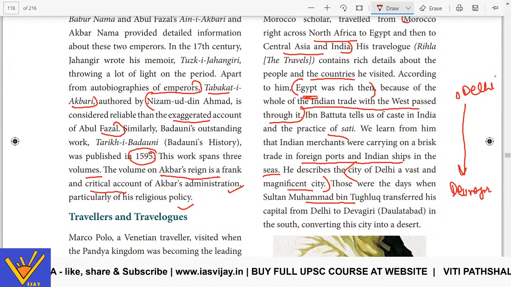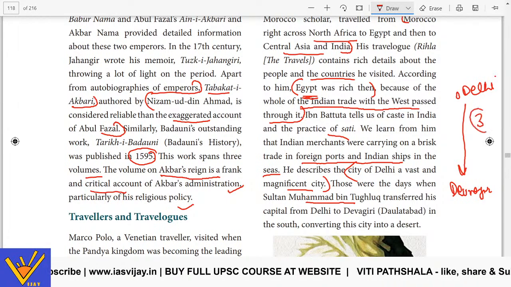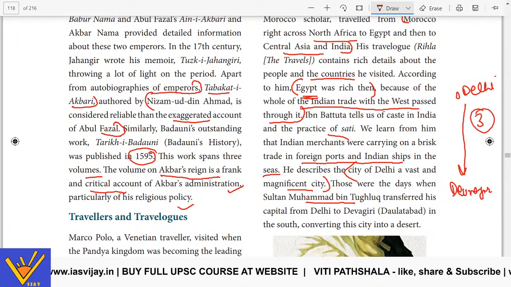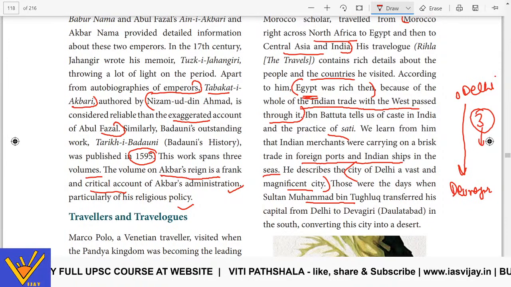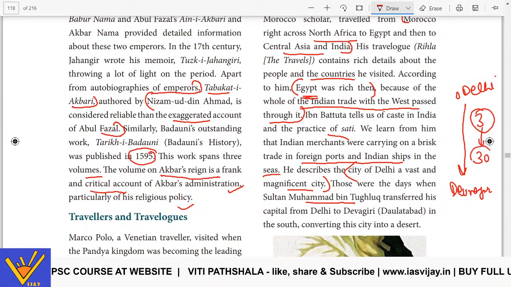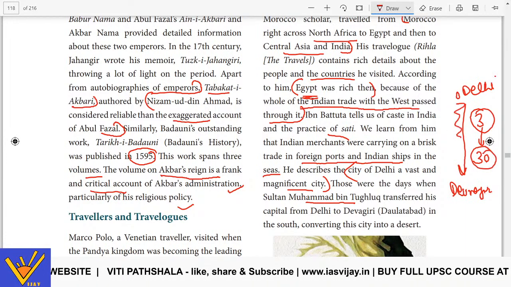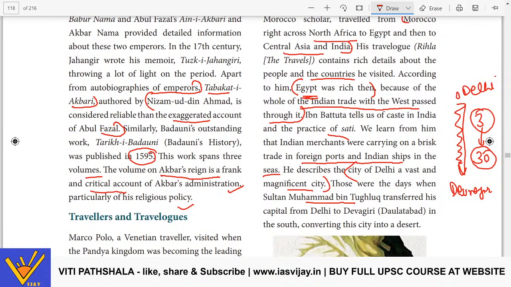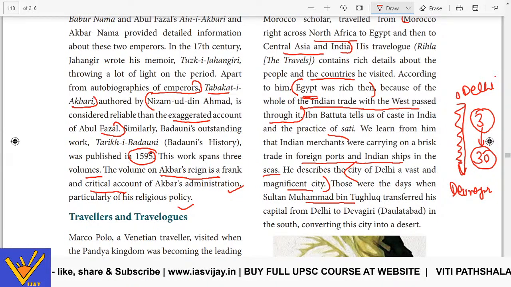Now if I have to travel in a train, it will take me 3 days. Now they are traveling on foot and on animal carriers, so it took them 30 days. Now half of the population died in between, and there was a loss of so much revenue.